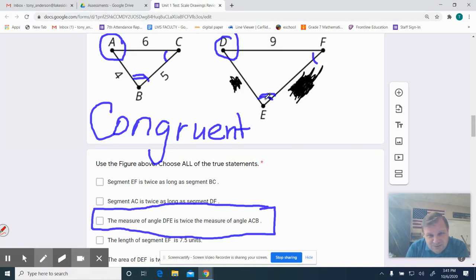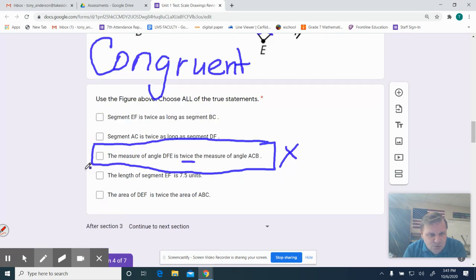This angle is the same size as this angle, and this angle is the same size as this angle. So right here, when this says twice as much, that cannot be true. So that's something you need to remember, that corresponding angles in scale copies are always congruent. On this one, this would be the only one that we would mark. That is the only one that is true.